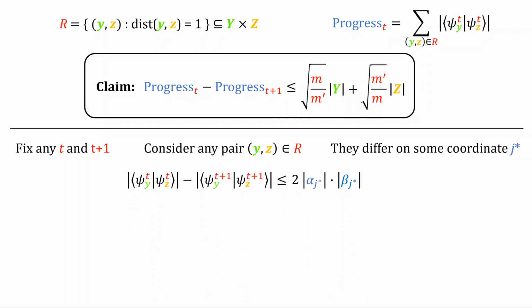It feels now that we should sum this over all pairs y, j, and r, and start to try to prove something about the difference in the progresses. But again, we're going to wait for a moment and do one more math trick before we get down to business. This is a really elementary little math trick that we need.